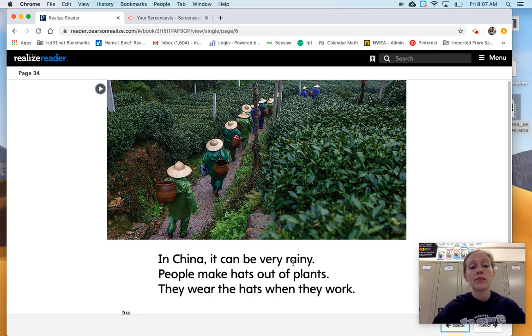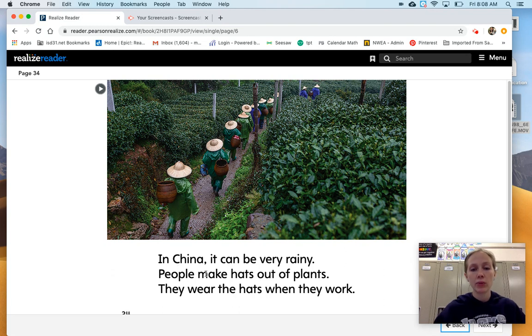Oh, so the words tell me that it's rainy in China. Many people make hats out of plants. They wear the hats when they work. So I can infer that people make hats and wear them when they work because it's raining outside. So they wear the hats to protect themselves from the rain.